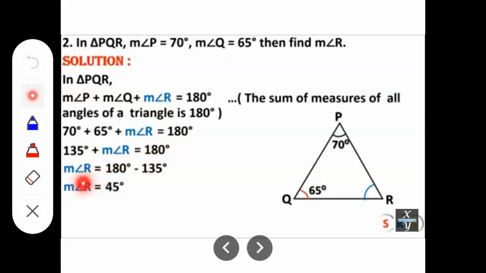Then to find the measurement of angle R, we have to subtract this 135 degree from 180 degree, and the subtraction value is 45 degree. So measurement of angle R that we got is 45 degree. Now check it, the total of all the angles is 180 degree. Okay.